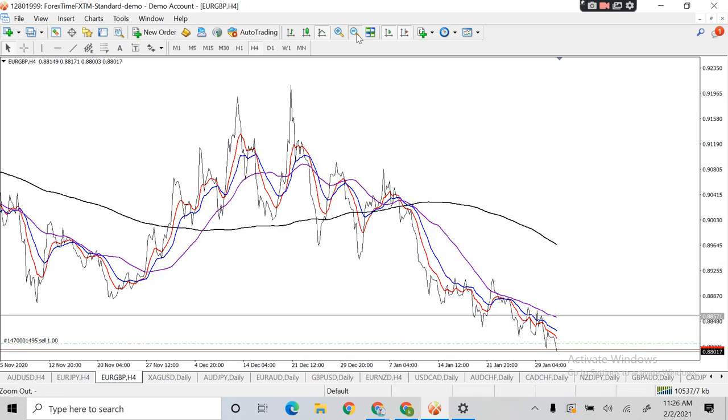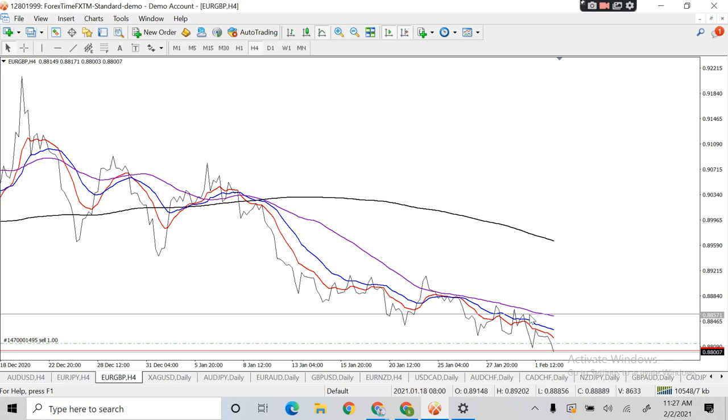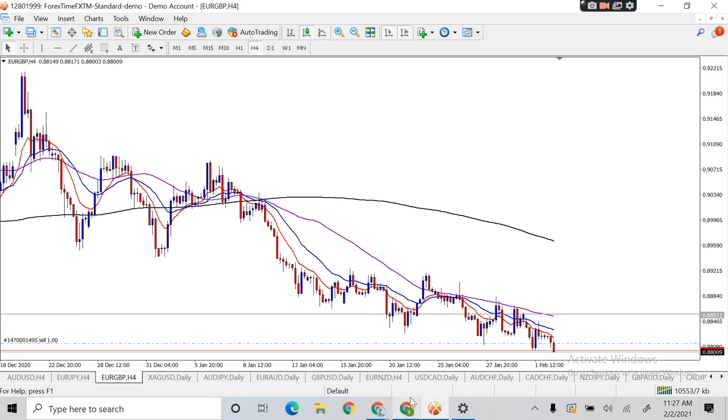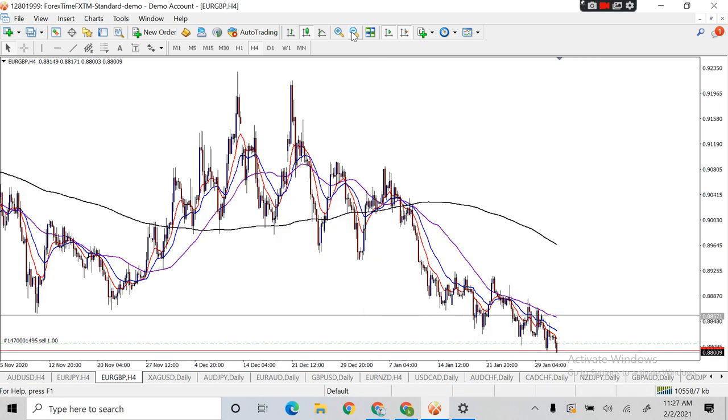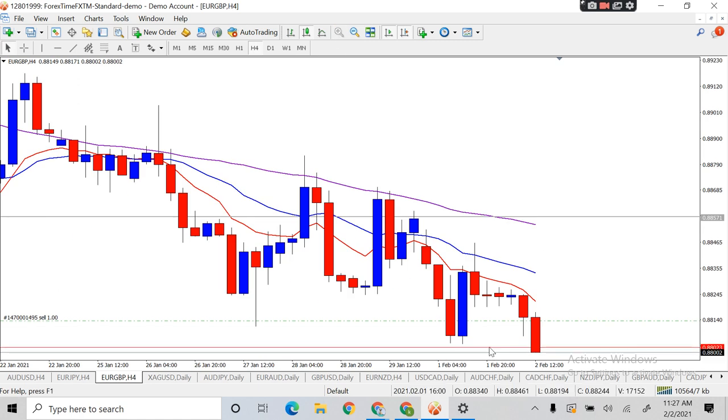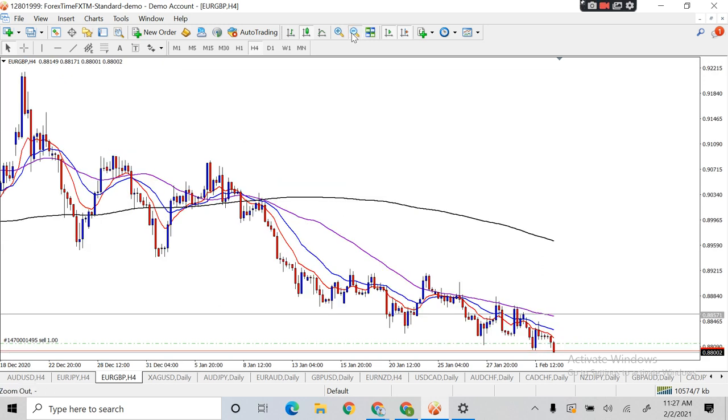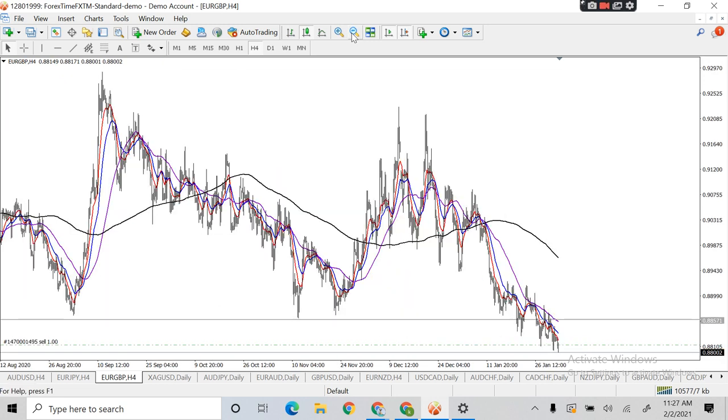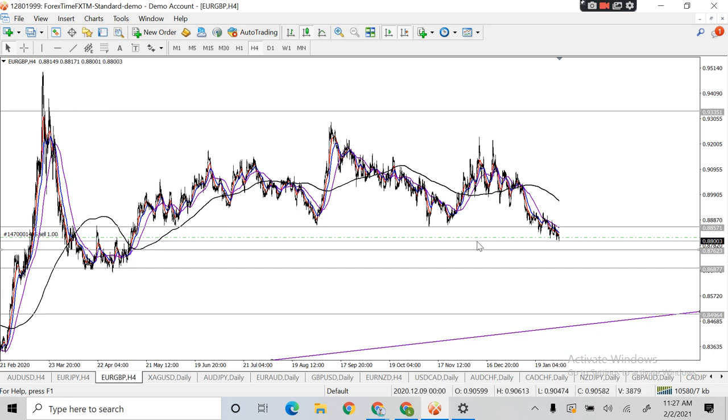Now on the weekly, you can see that the pair, as we speak, is already moving down, down, down. All the while, the MA line has been telling us to sell, sell, sell this pair. I think the pair, let me maximize, just broke across this support, and it's moving towards this support area, and it's going to be an all sell affair.